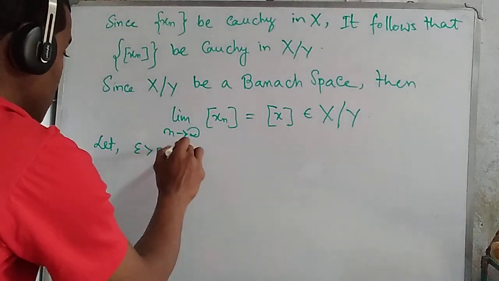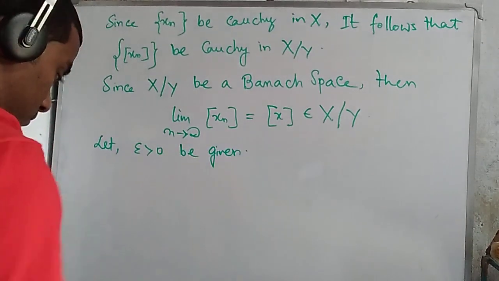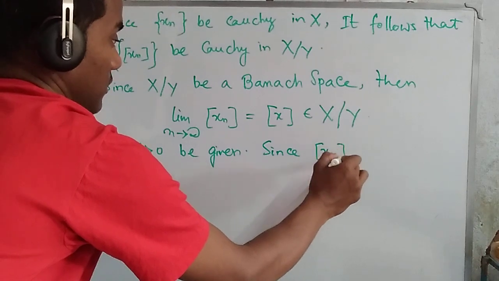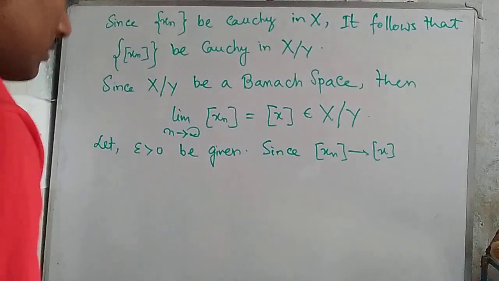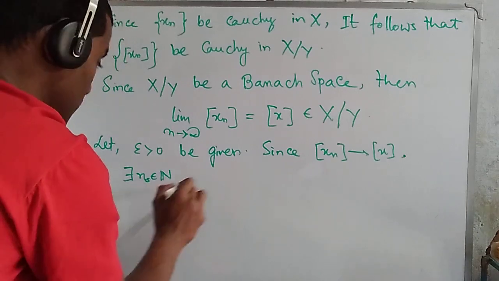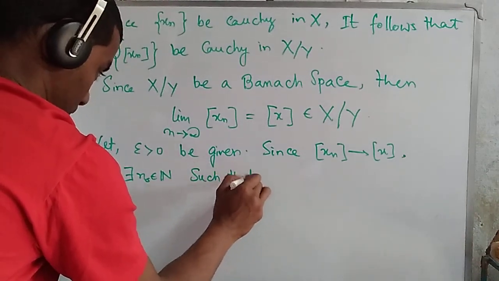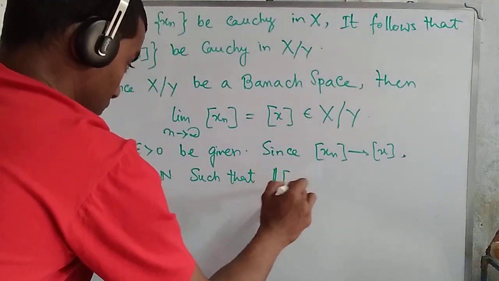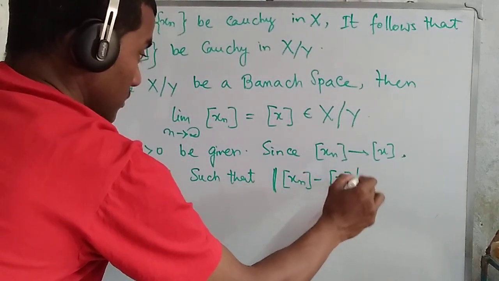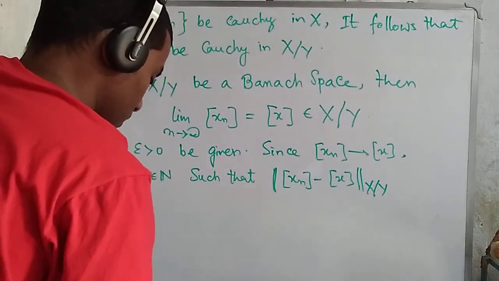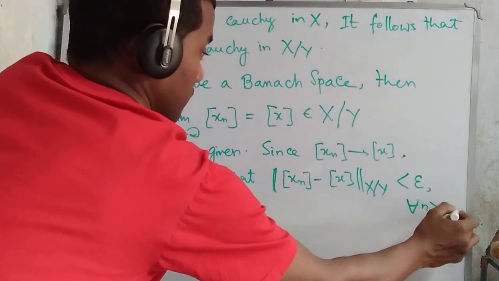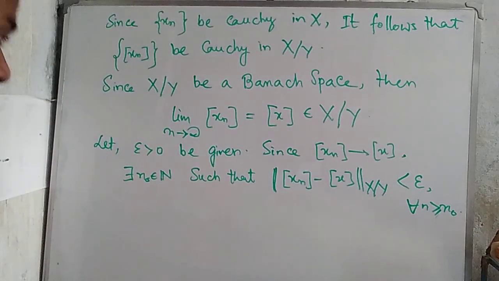Let epsilon greater than 0 be given. Since the class of x_n goes to the class of x, there exists n_0 belonging to the natural numbers such that the norm of x_n minus x in X/Y is less than epsilon for all n greater than or equal to n_0.